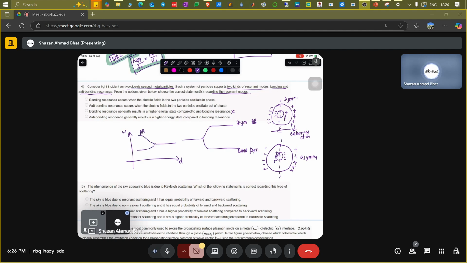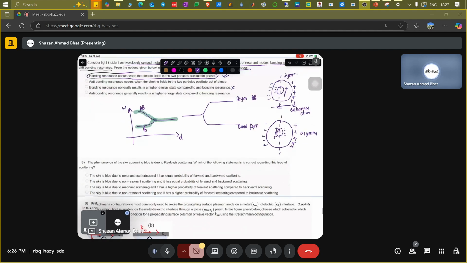This is anti-bonding, this is bonding. So bonding always gives you lower frequency compared to anti-bonding. Anti-bonding generally results in a higher energy state compared to bonding. Bonding occurs when the electric fields in two particles oscillate in phase. So this is the answer of this question.